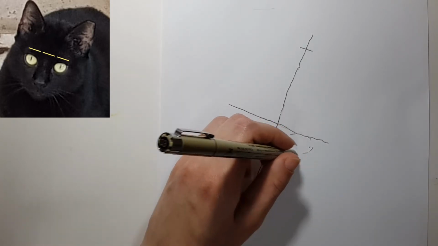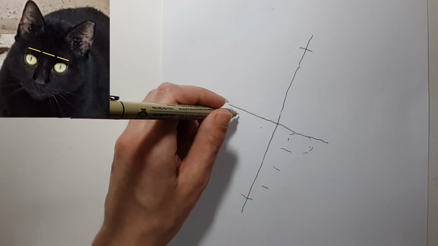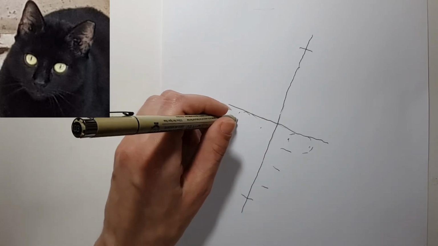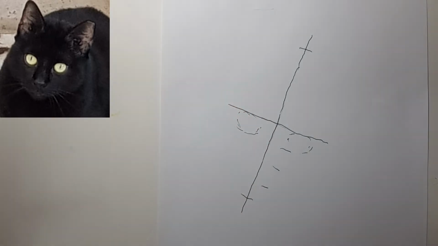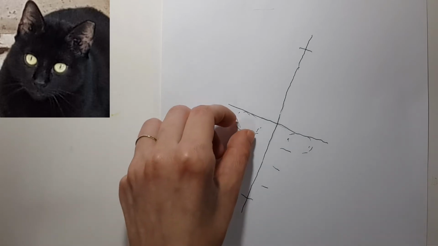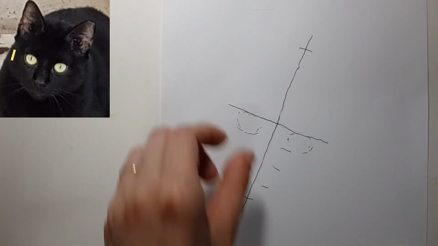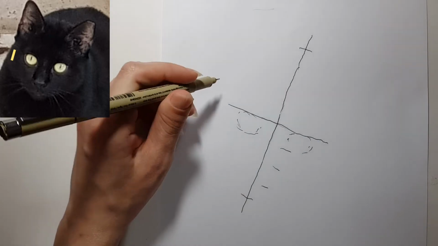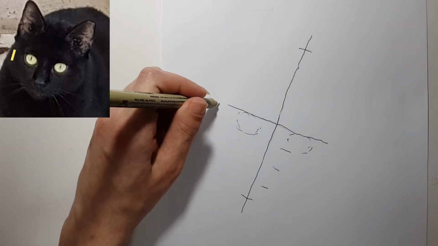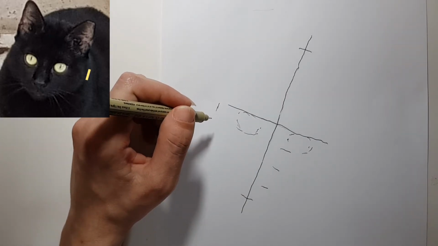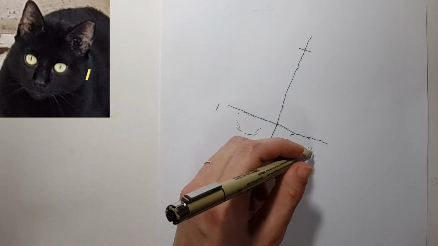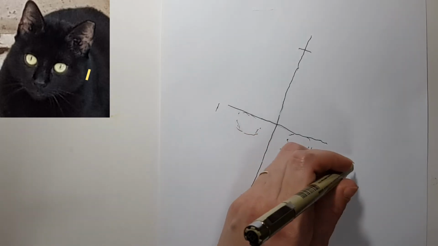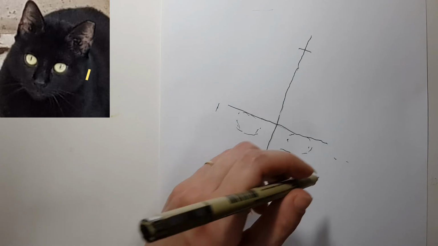The distance between the eyes is a little more than an eye. The distance from the left eye to the edge of the face is an eye long. The distance from the right eye to the side of the face is about an eye and a half.